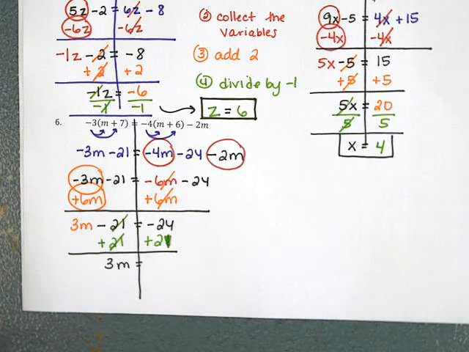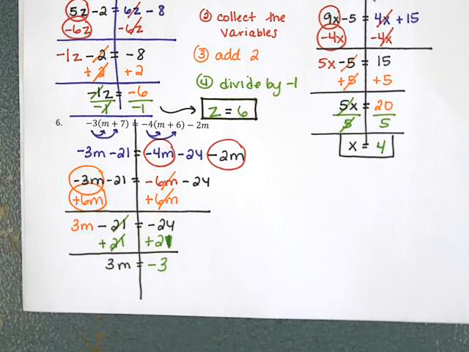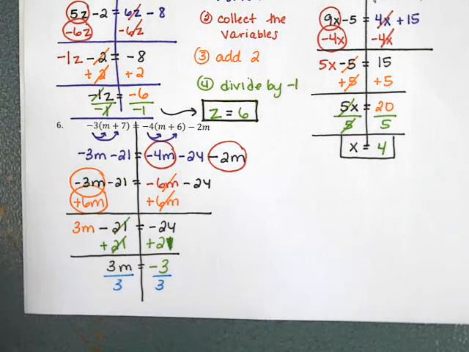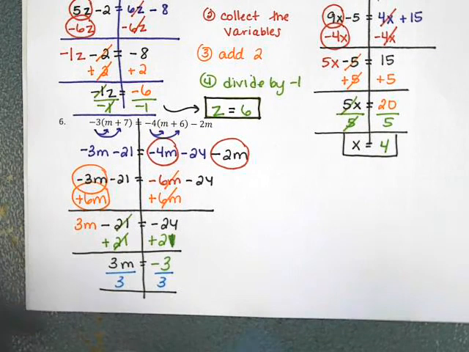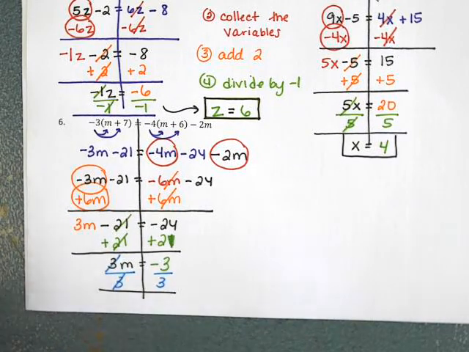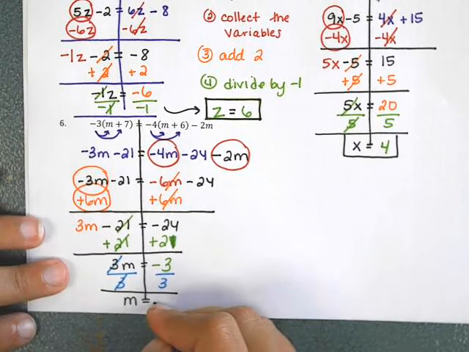So negative 24 plus 21 is negative 3. Last but not least, I divide by 3 on both sides. On the left side, the 3's cancel, so I just have m. On the right side, I get negative 1.